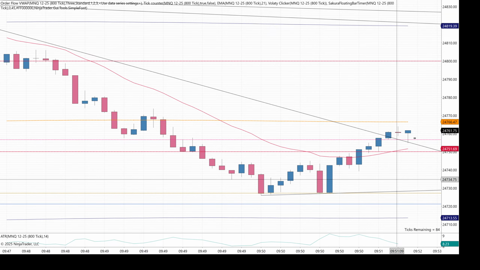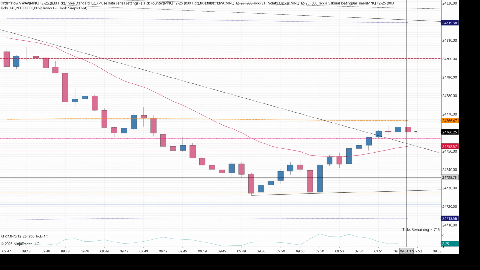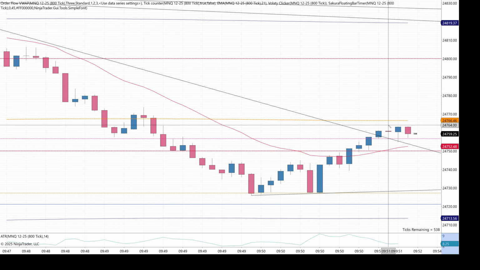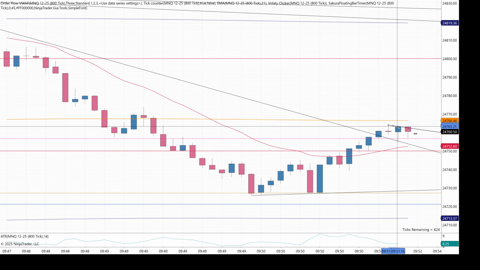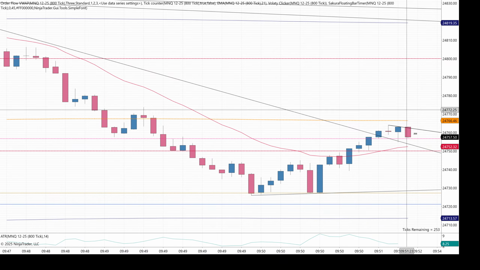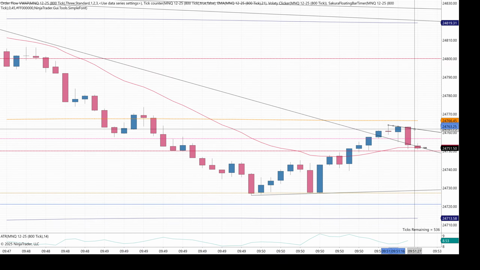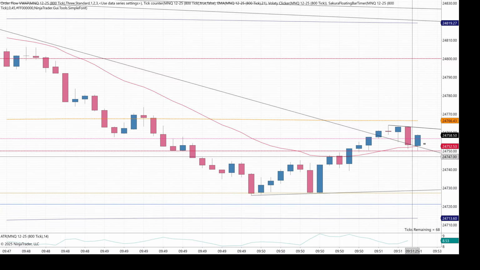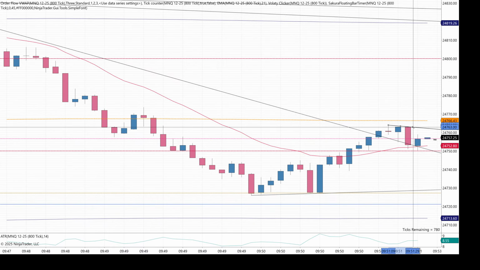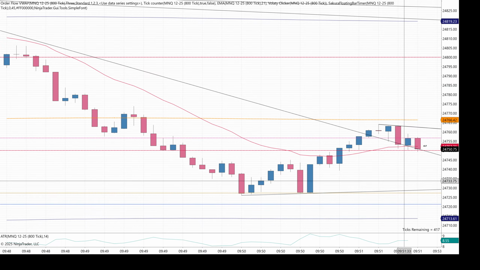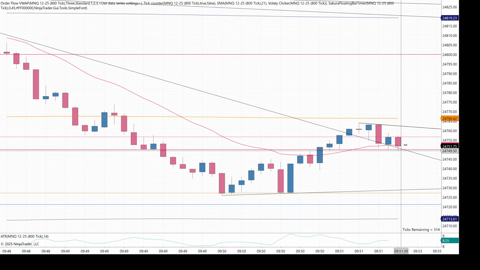Okay, the runner's been taken out here. If we get a nice bullish candle above VWAP, we can take this to the upside. Okay, we might be getting a bearish signal here.